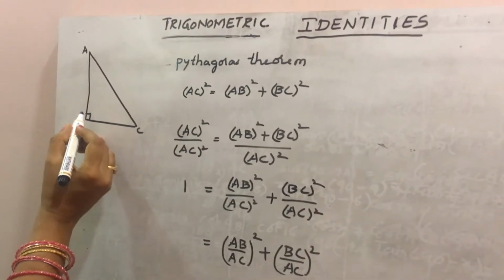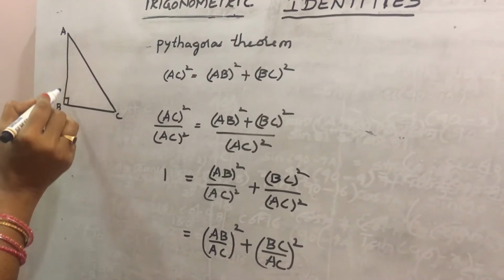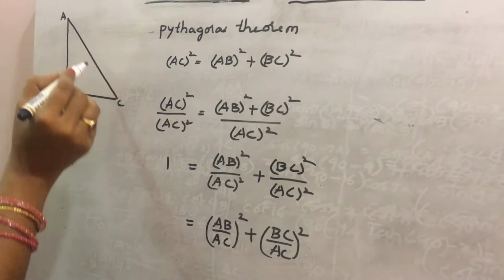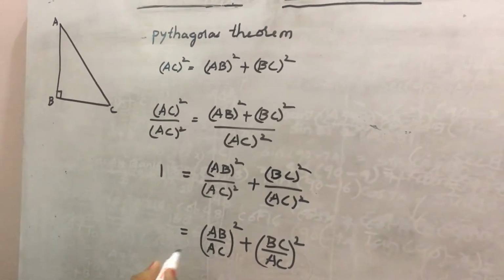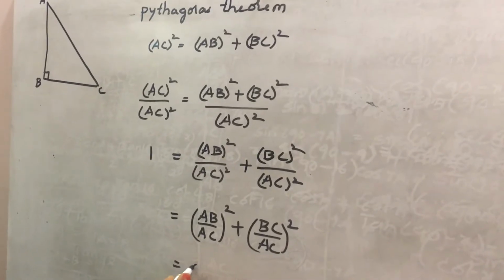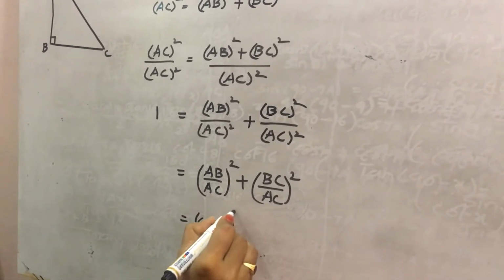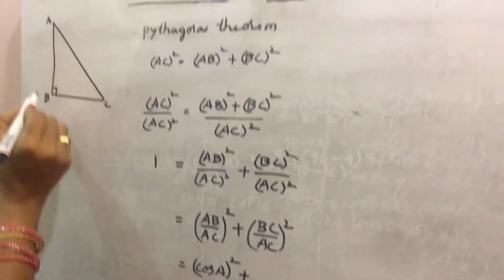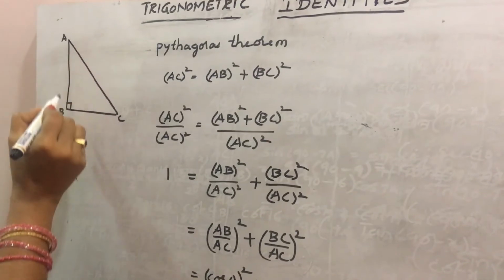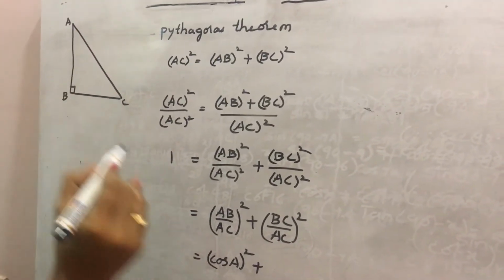See the triangle? AB by AC is the adjacent side to angle A by hypotenuse. Adjacent side to A by hypotenuse is, we know, cos A. Whole square is there, that's why we are writing whole square, plus see here, BC is the opposite side to angle A. AC is, we know, hypotenuse.